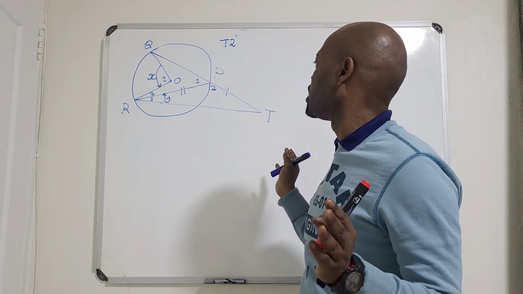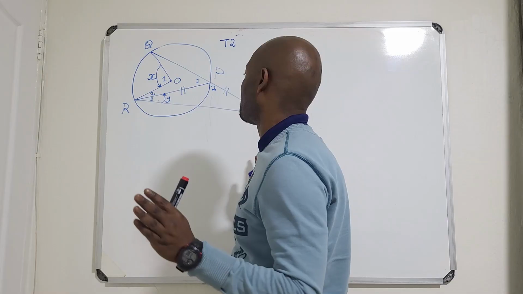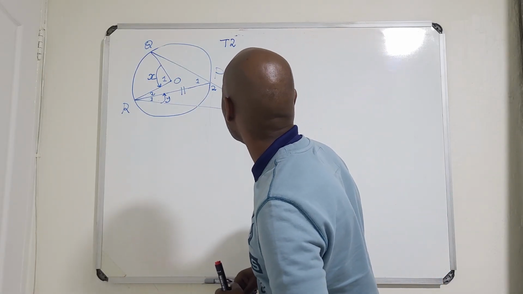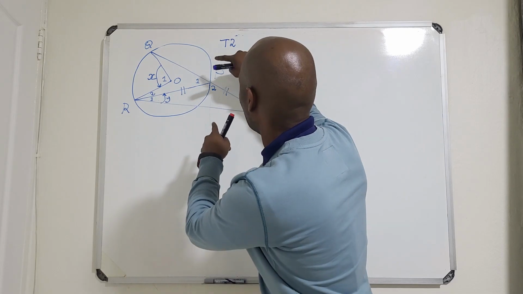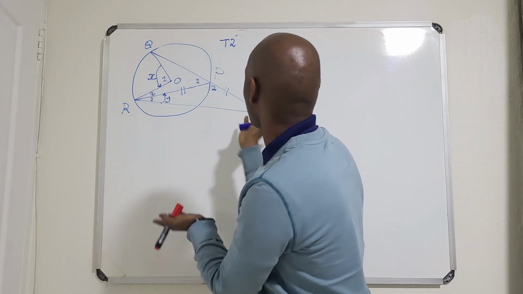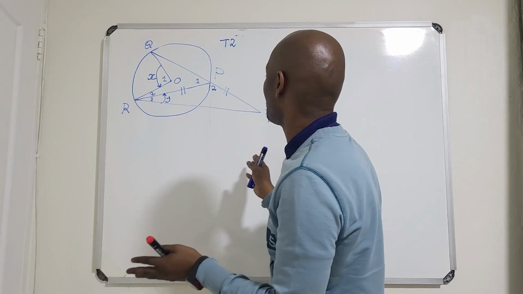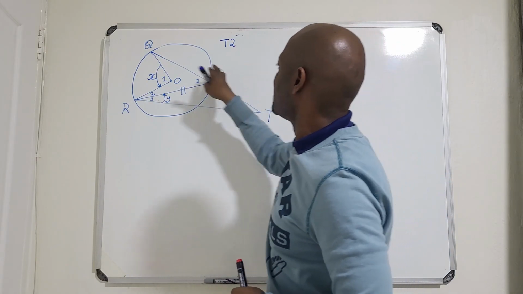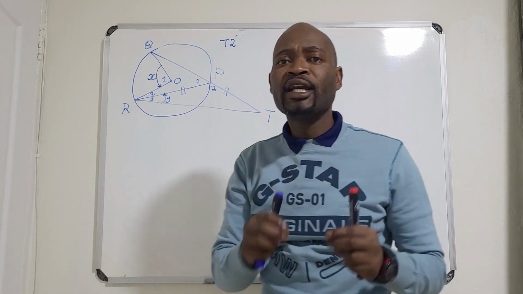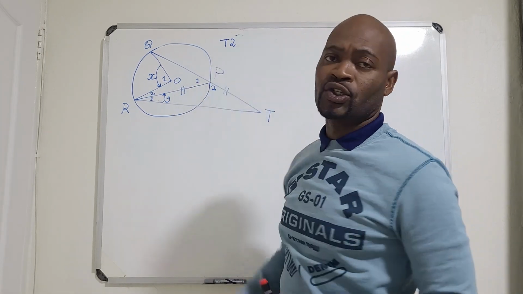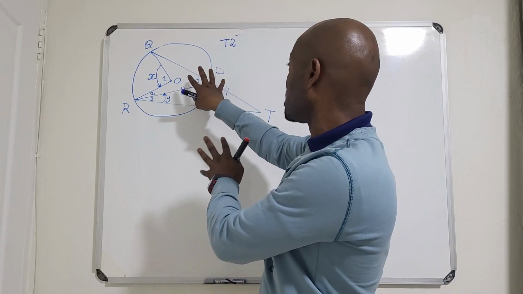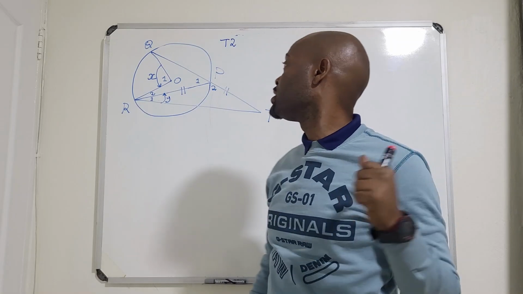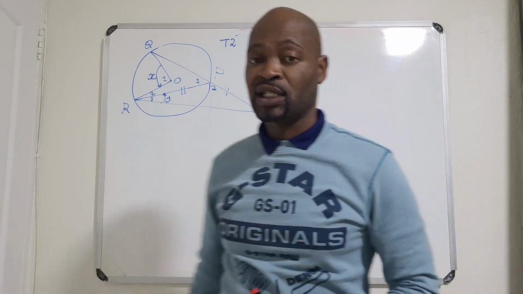There's no diameter. Therefore, there's no theorem number 3. Do I have angles in the same segment, subtended by the same chord or same arc? No. So no theorem number 4. So in this problem, we only have theorem number 2 that we are going to use to solve this problem, together with what we have learned in part 1.